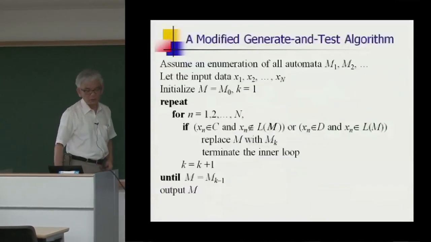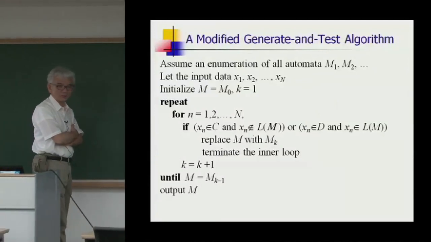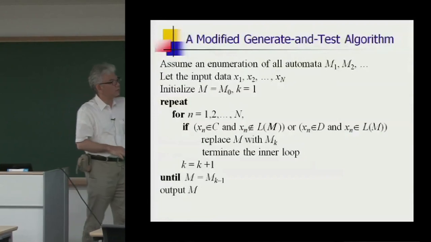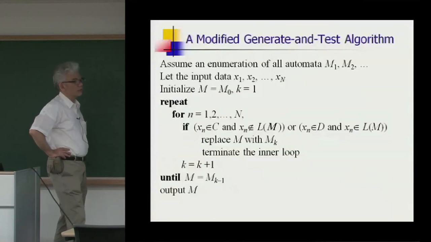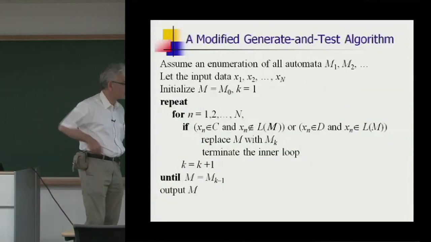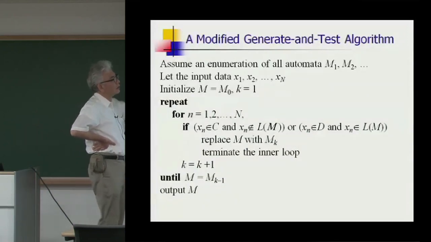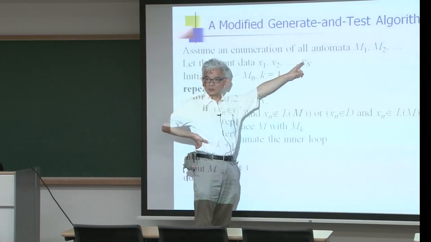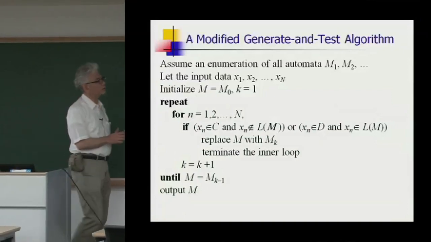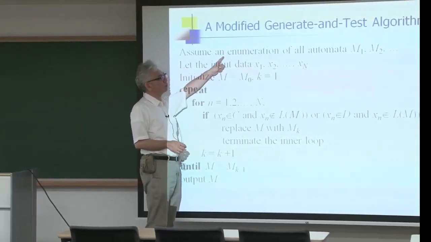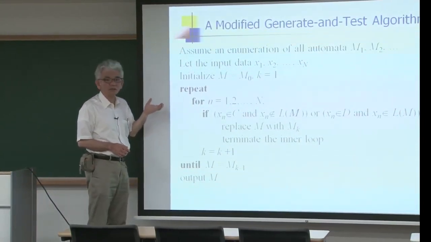Okay. And I gave a very simple generate and test algorithm in the last lecture, and this is a modified version of the algorithm, but the essential point has not been changed. And this is based on the enumeration of all automata. In the enumeration, any automaton must occur.